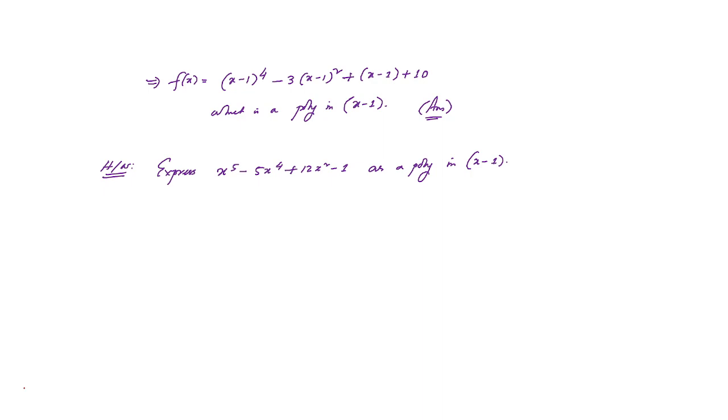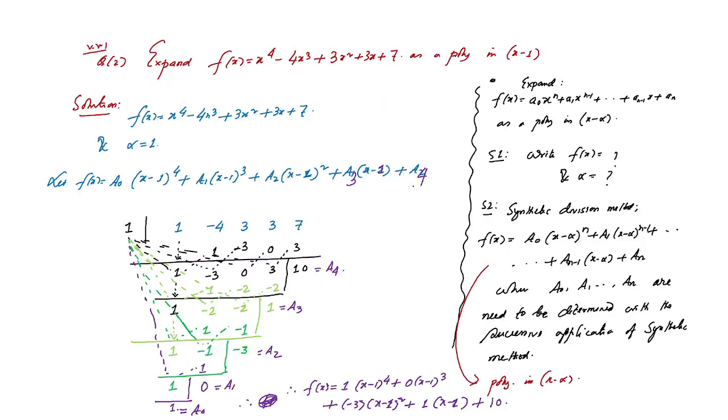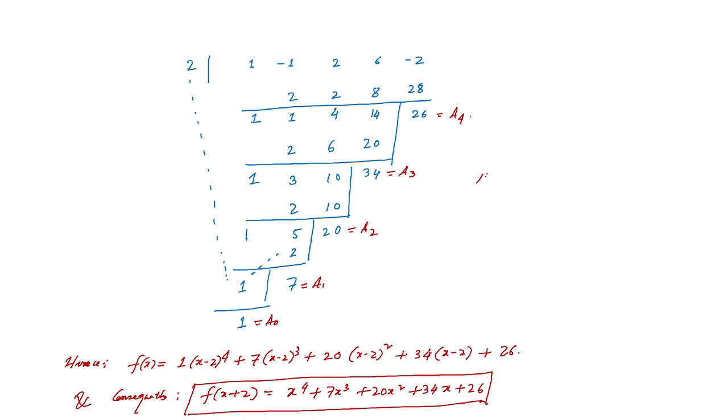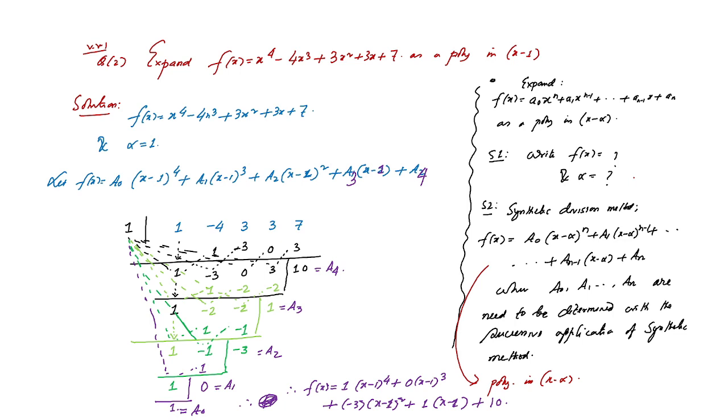So with the help of synthetic division, you can express the polynomial in x as a polynomial in x minus 1. And here is another assignment: if f(x) equals x to the power 4 minus 3x cube plus 10x square, then find f(x plus 3). So these are the two exercises you must solve in a similar way.